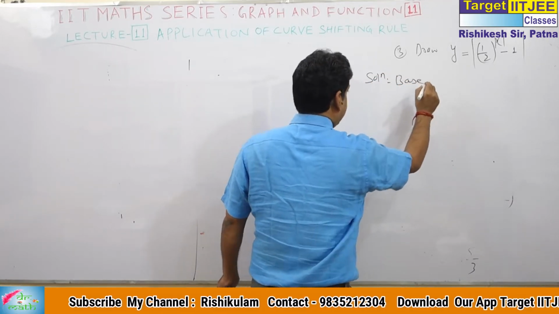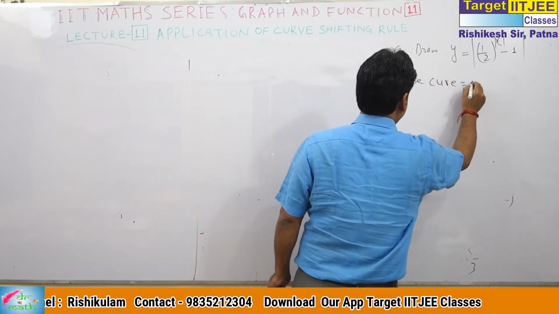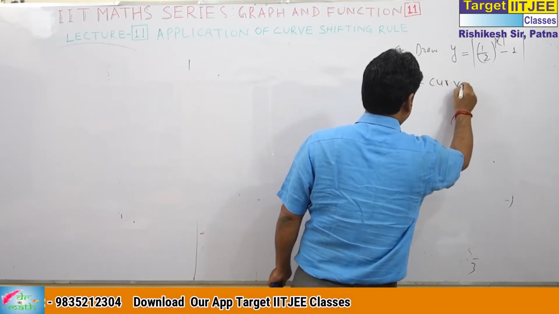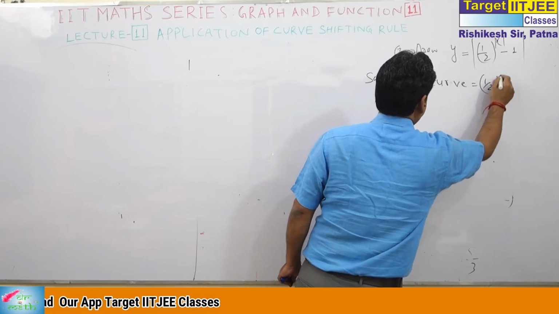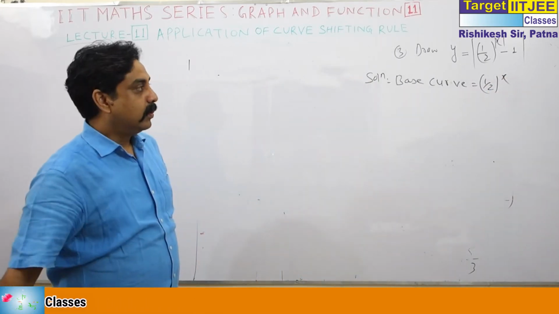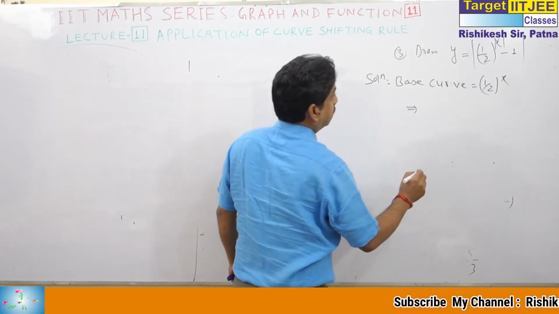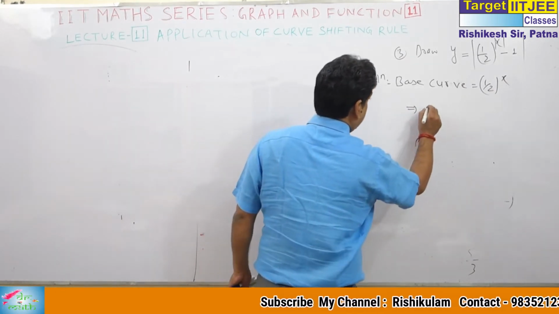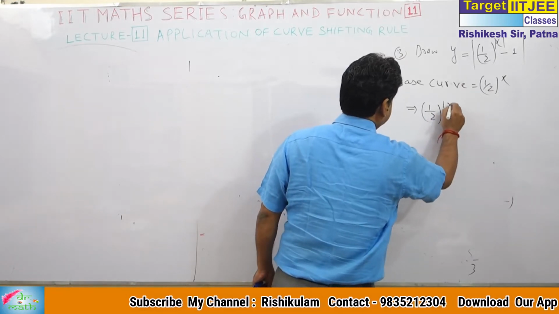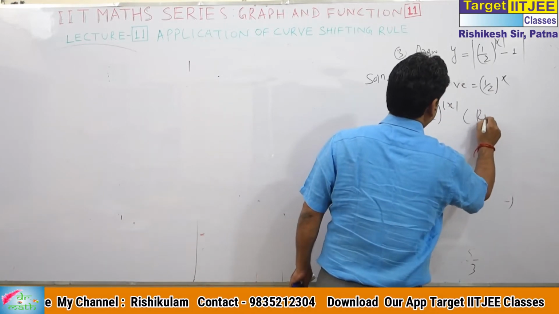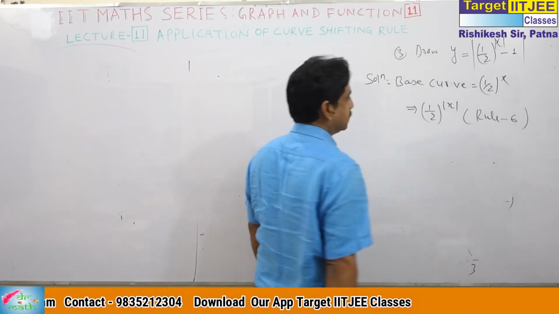So it's better to take the base curve as 1 by 2 to the power x. What is the next step? Make it 1 by 2 to the power what? Mod x. By what? You can say rule 6.